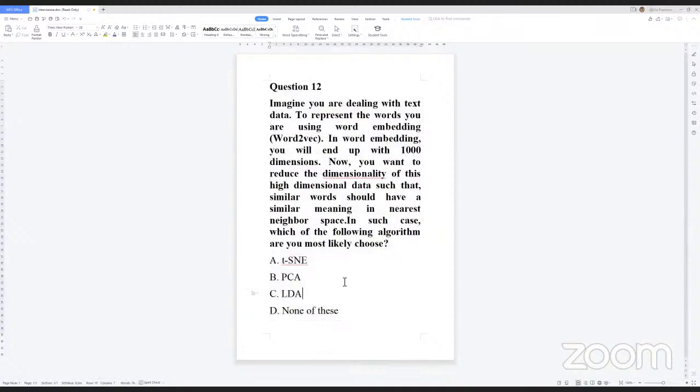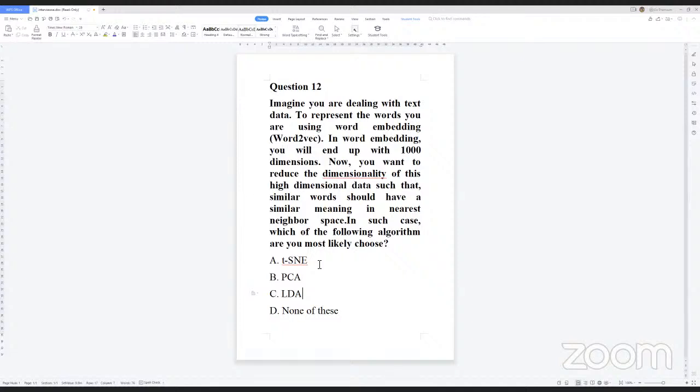So this is another question. Imagine you are dealing with text data. To represent the words you are using word embedding, word2vec. In the word embedding, you will end up with 1,000 dimensions. Now you want to reduce the dimensionality of this high dimensional data such that similar words should have a similar meaning in nearest neighbor space.